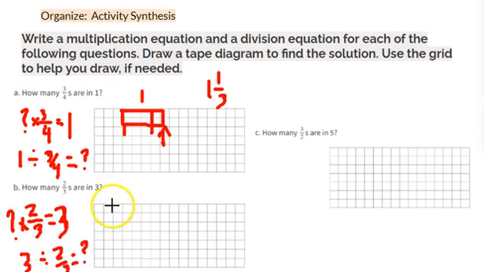Okay, so I'm going to do kind of like I did up above. I'm going to make groups of thirds. Okay, so now I have 3 broken up into thirds, right? I need to make groups of 2/3. So there's one group, there's another group, and another group. So I've got 1, 2, 3, 4 complete groups.